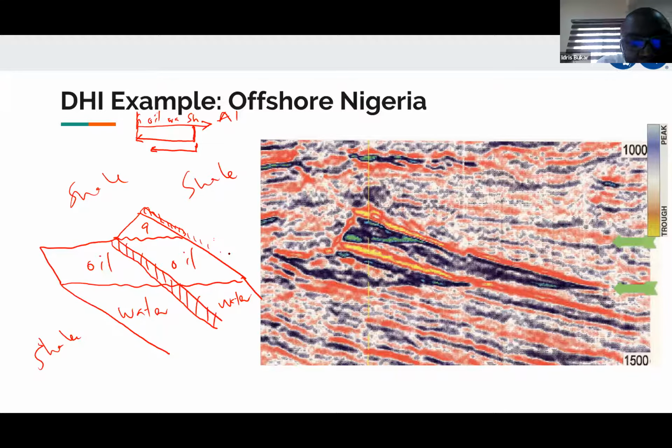And then onto this next unit, we're going from a shale, this shale sandwiched in between the two sand units, to oil. So I suspect that this shale here is not the same as this shale that is outside, okay?